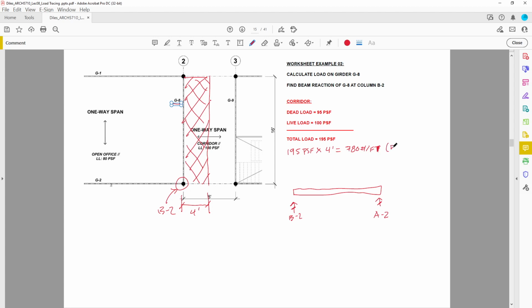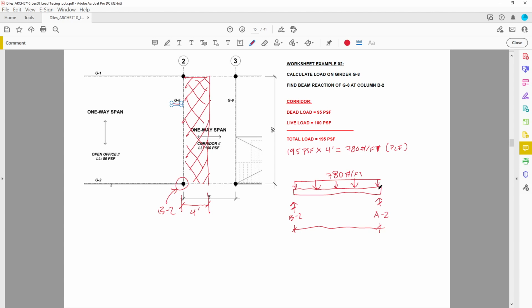And this is also per linear foot, our PLF. And so when we come to sketch our continuous load here, we have 780 pounds per foot.